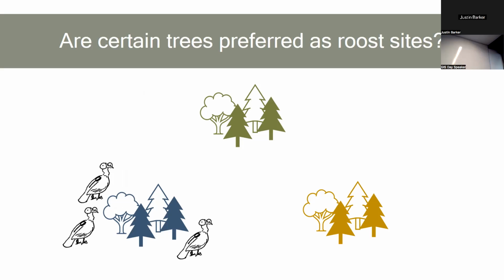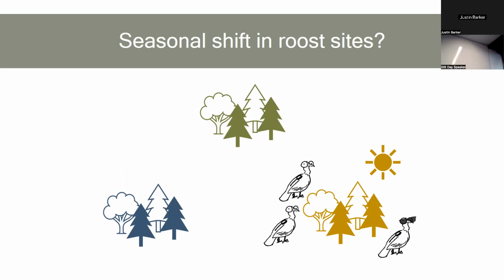But what I saw when I looked at these maps was that there would be a lot of turkey location points at certain sites, but not at other sites. So it seemed like maybe they had some preferences for where they roosted. Additionally, I saw that the sites they preferred in winter were somewhat different from the sites that they preferred in summer. So there's potentially a seasonal shift in roost sites.